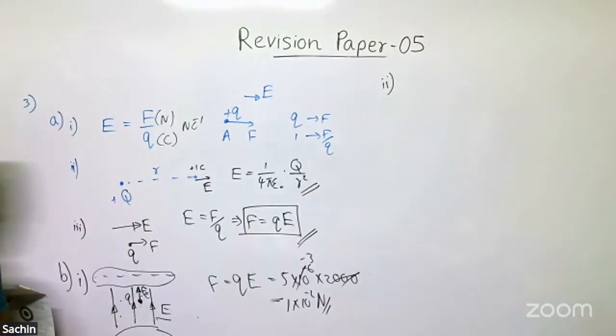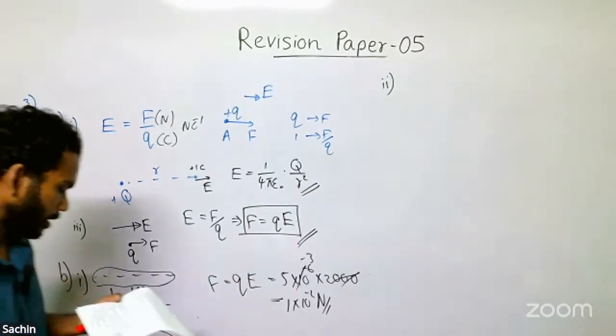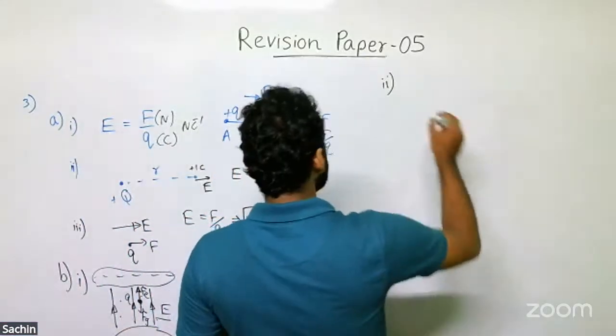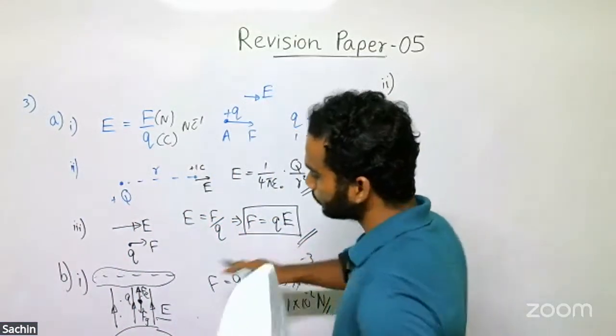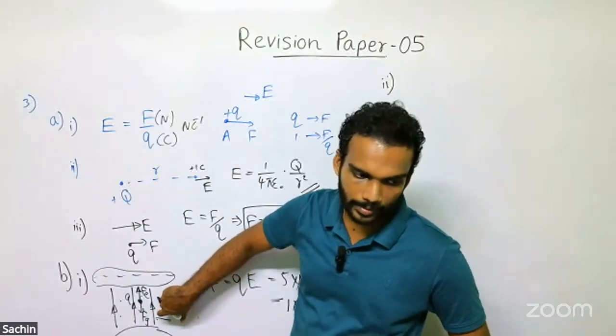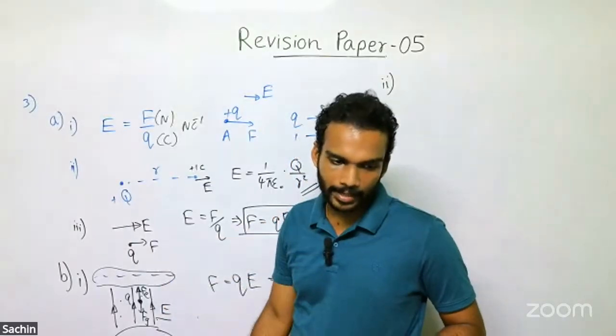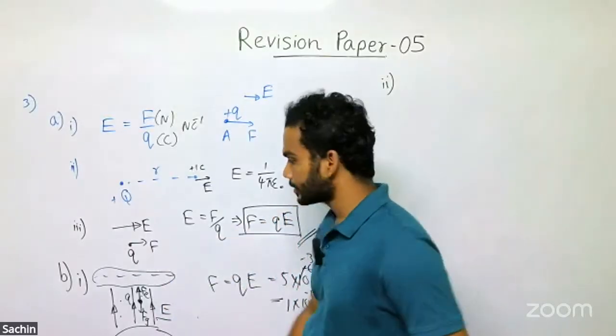This is near the ground, which means the gravitational force is also there. You have to consider that as well. Now you have to calculate the downward acceleration. If there was no electric field, it would obviously be the gravitational acceleration, the acceleration due to gravity.